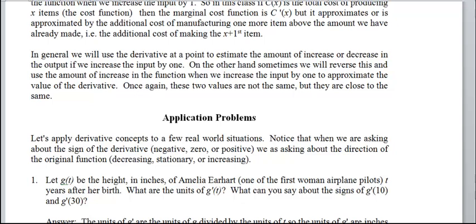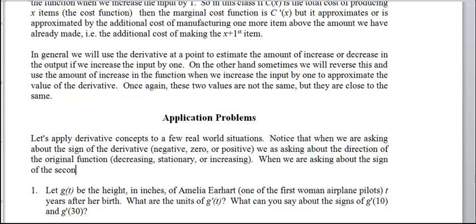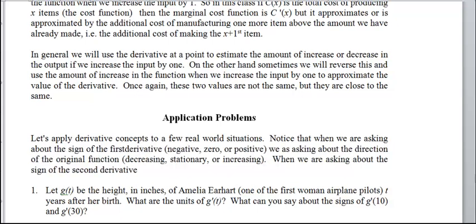So notice that when we're asking about the sign of the derivative, whether it's negative, 0, positive, we're asking about the direction of the original function: decreasing, stationary, or increasing. When we are asking about the sign of the second derivative, whether it's negative, 0, positive, what are we asking about the original function? We're asking about the concavity.